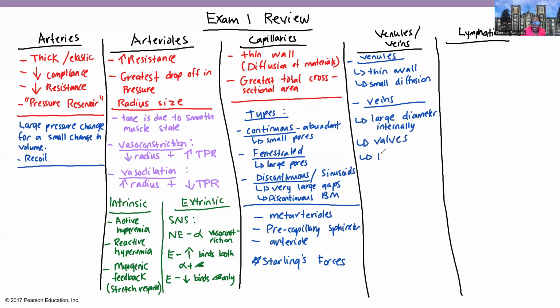They're going to have increased compliance, especially because of that very small smooth muscle on their wall. They don't have as much force, so they can expand, they can accommodate more volume. This is why we refer to them as the volume reservoir.